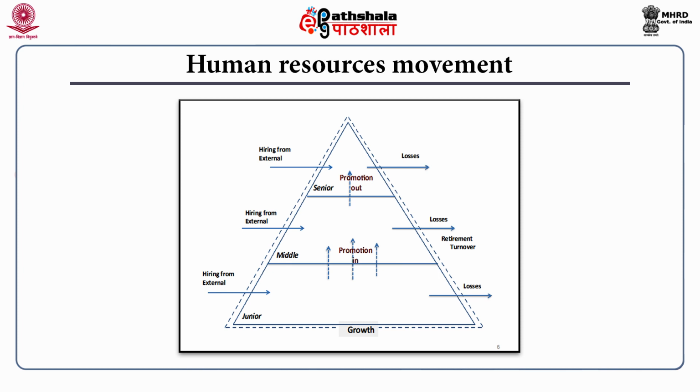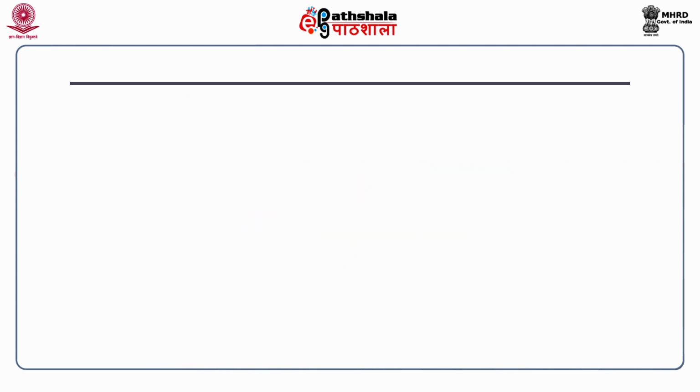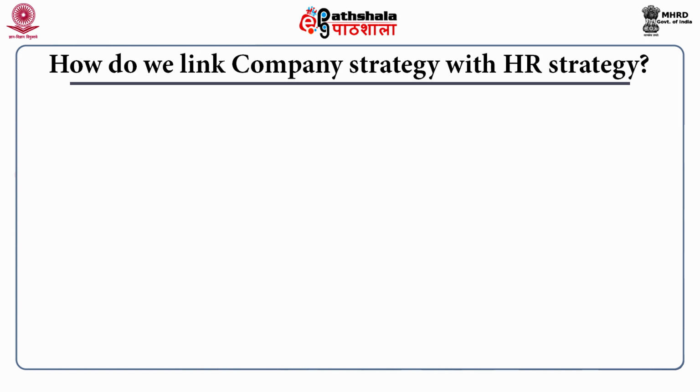Also there is hiring from the external environment at senior level positions, and also there are losses, as we can see in the cases that many CEOs of companies who are hired from outside also leave the organization after some time. Let us understand how do we link company strategy with HR strategy.